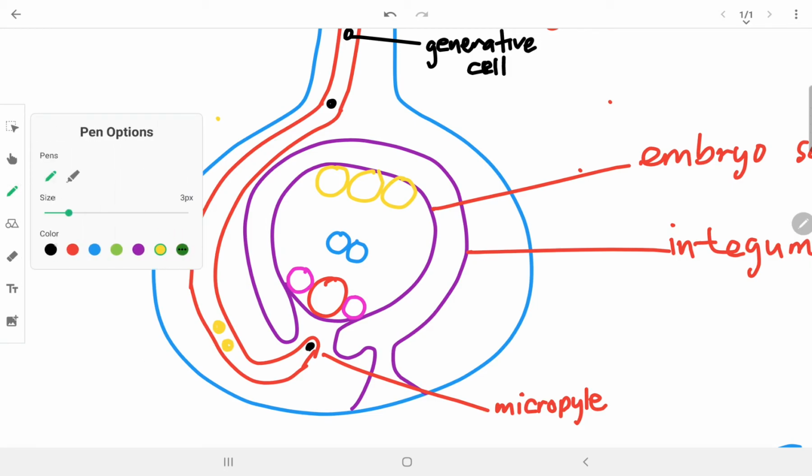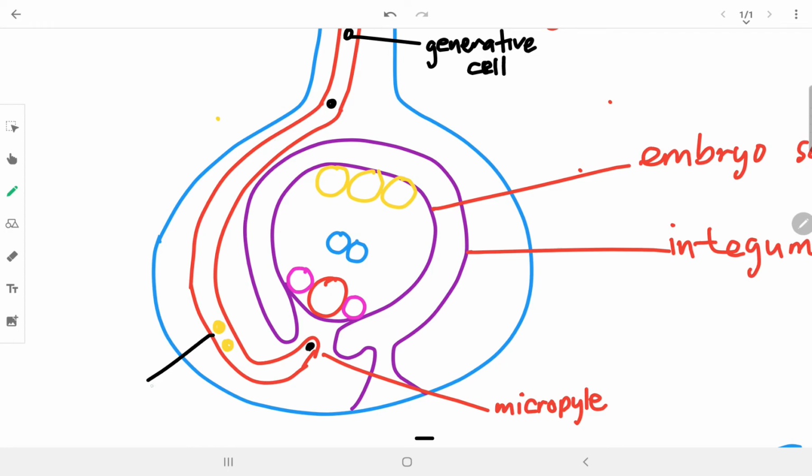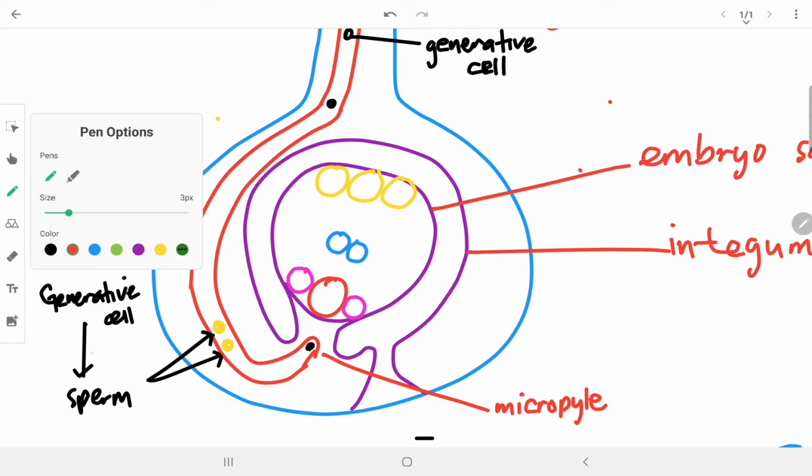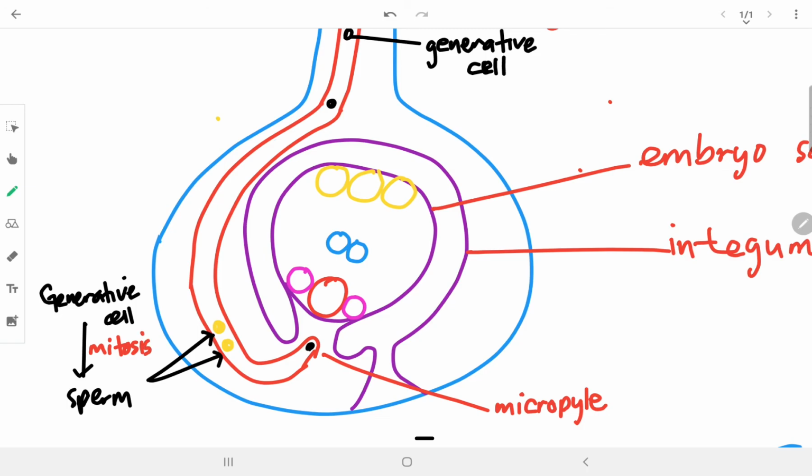Ini dipanggil sebagai sperm. So remember, sperm ini sebenarnya asalnya daripada generative cell, but they divide by mitosis, produce 2 sperms.